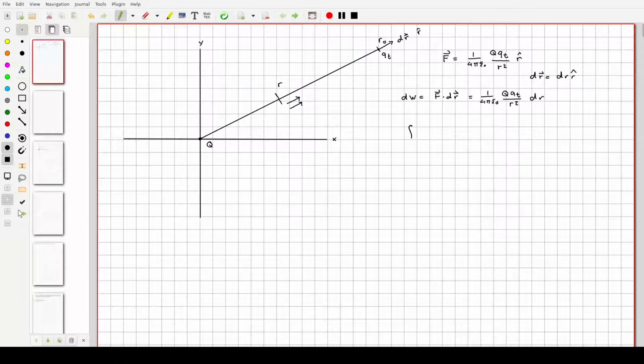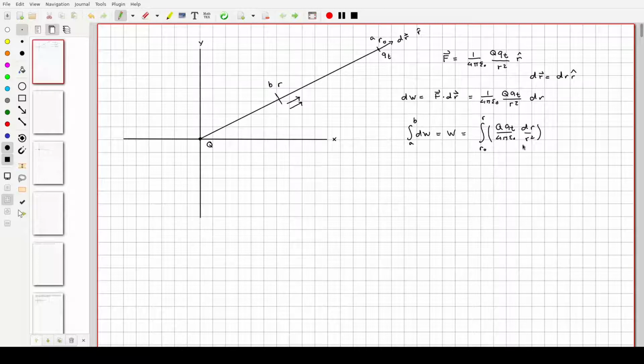Now when I integrate this from what I'll call point A to point B, to find the work, this will be the total work. That's the same thing as integrating big Q, little q sub t, over 4 pi epsilon naught, dr over r squared, from r naught to r.